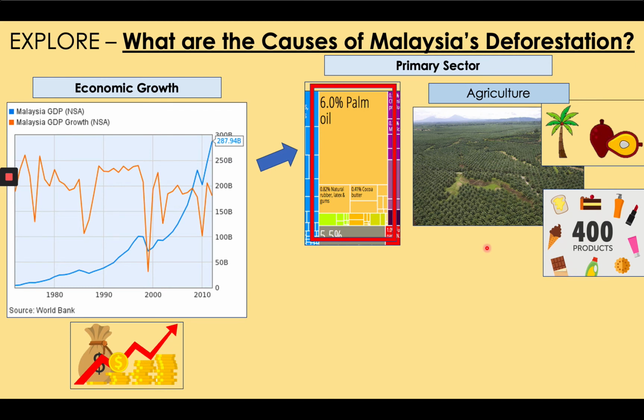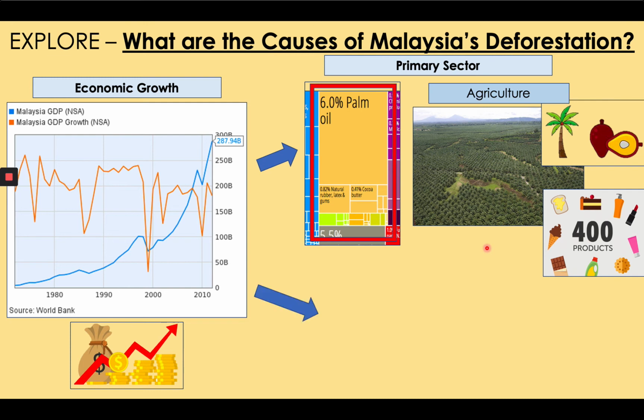Hundreds of products use palm oil around the world, and so the demand for palm oil from HICs is very high. Consequently, Malaysia can make a lot of money from growing palm trees and exporting palm oil. And that has led to a rapid increase in the rate of deforestation in Malaysia over the last 40 years.